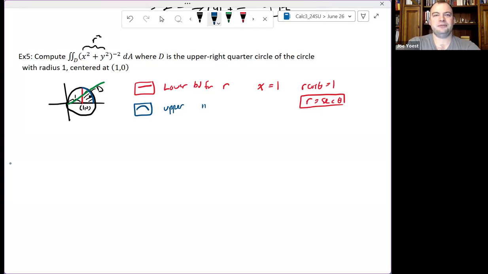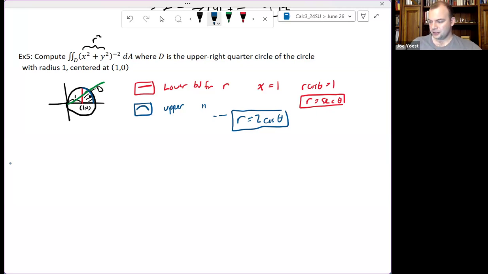You'll be able to divide out a factor of r, and you'll get r equals 2 cosine of theta for the upper bound for r. So for a given theta, r is going to go from r equals secant theta up to r equals 2 cos theta.